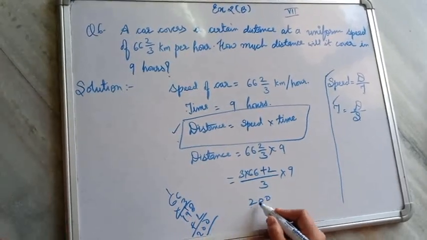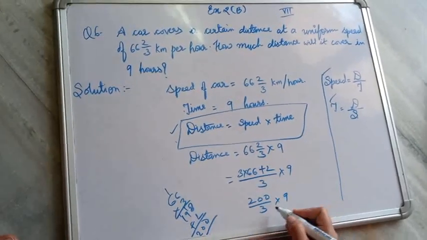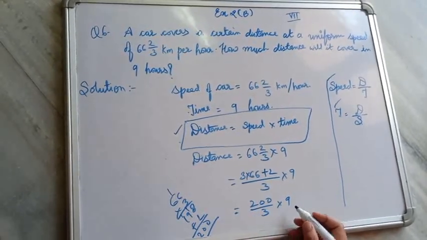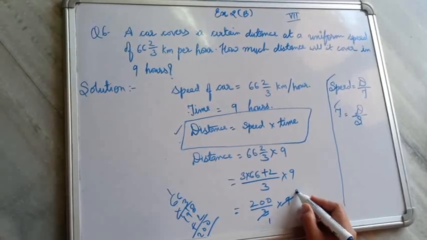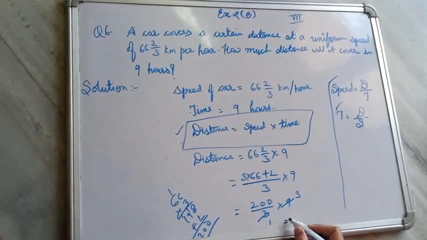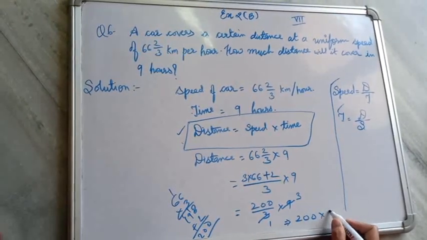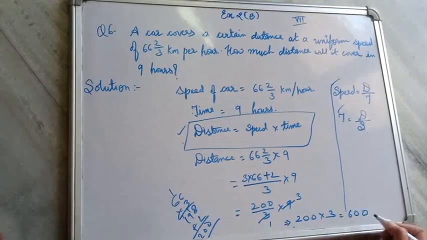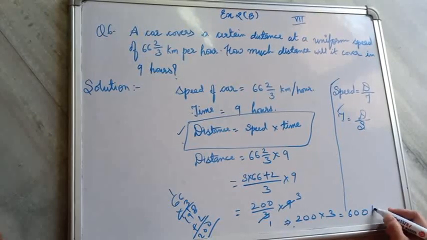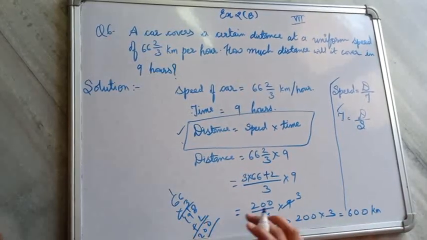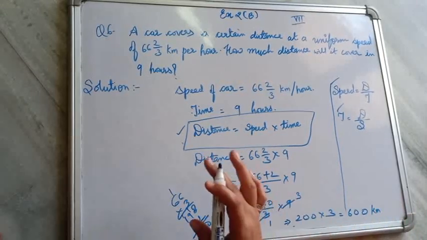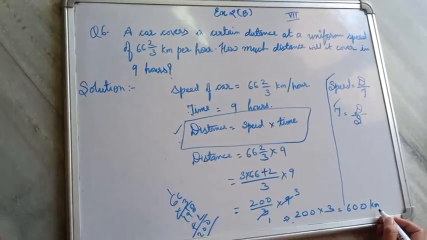So 200 upon 3 multiplied by 9. 3 1s are 3, 3 3s are 9. Now 200 multiplied by 3, that is 2 3s are 6, 600 kilometers. So distance covered by car in 9 hours is equals to 600 kilometers.